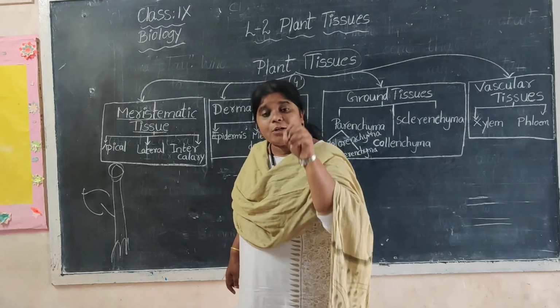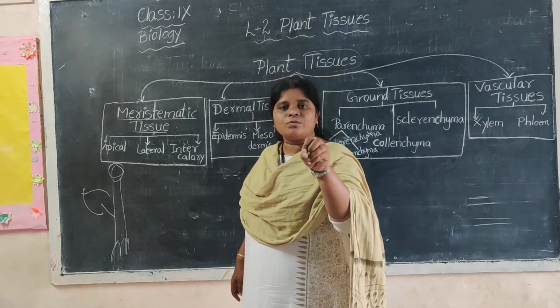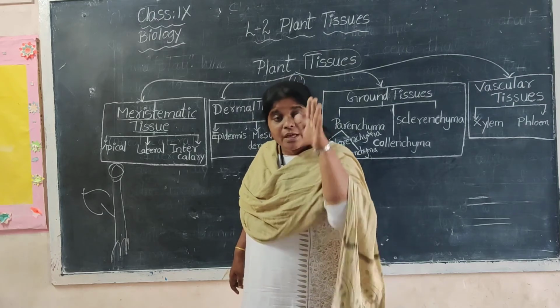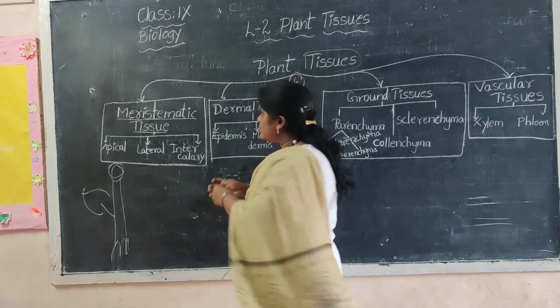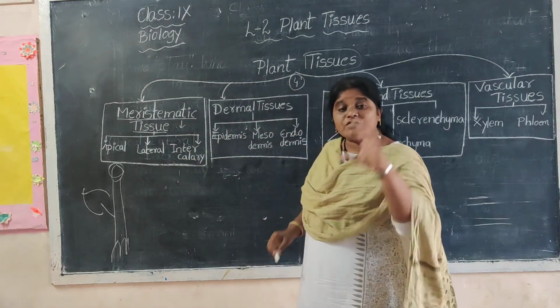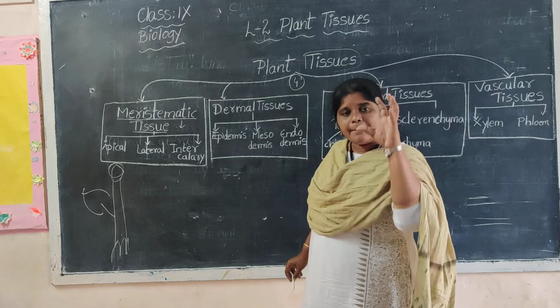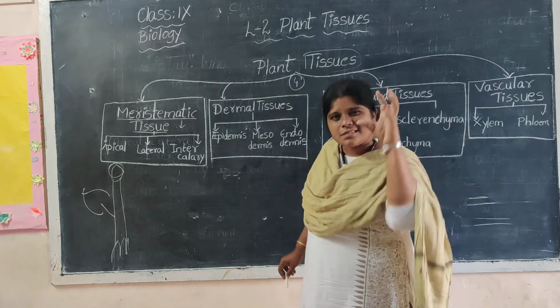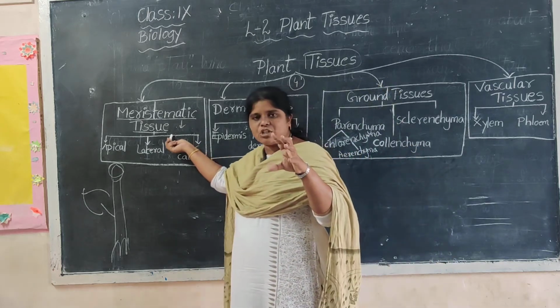Like that, a plant also should grow. The growth will be done by this tissue called meristematic tissue. The growth of the plant. Rapidly dividing cells will be present in the meristematic tissue.